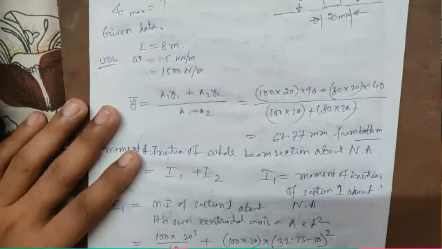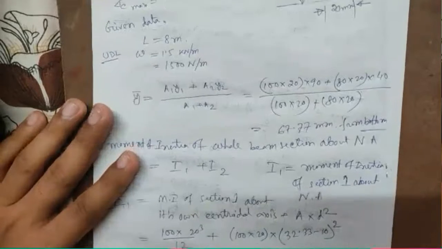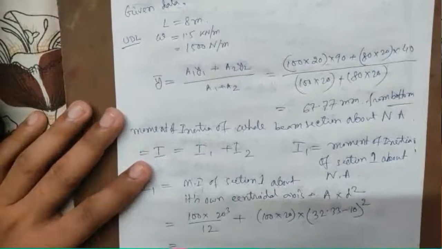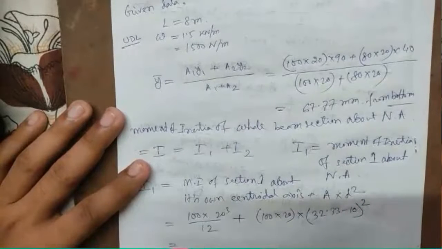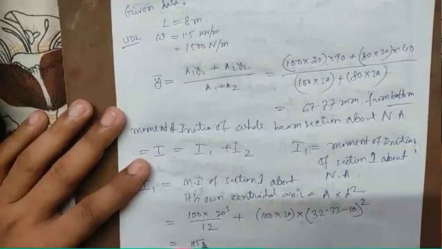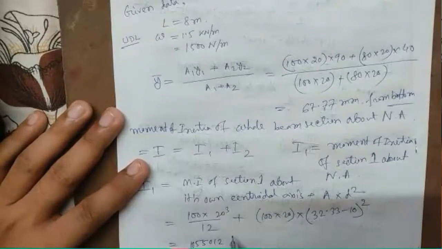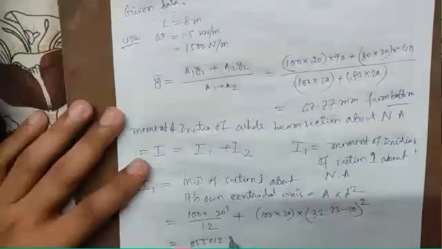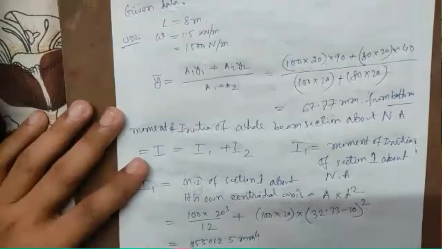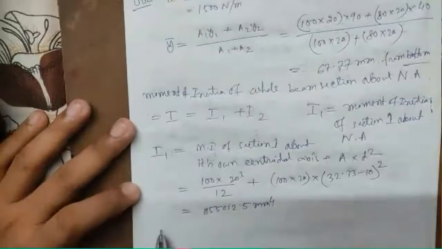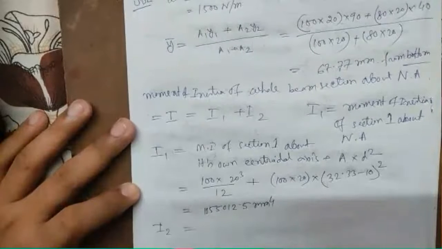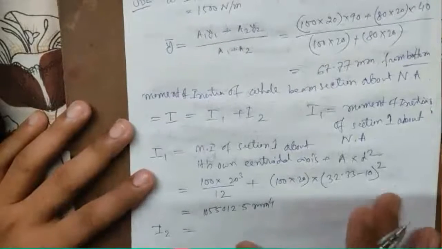By putting these values and calculating, we will get I1 equal to 1055012.5 millimeter to the power 4, the unit, because we have used all units in millimeter. I2 similarly, we will not write much here.